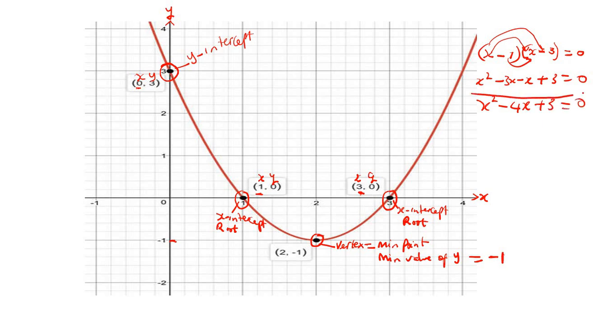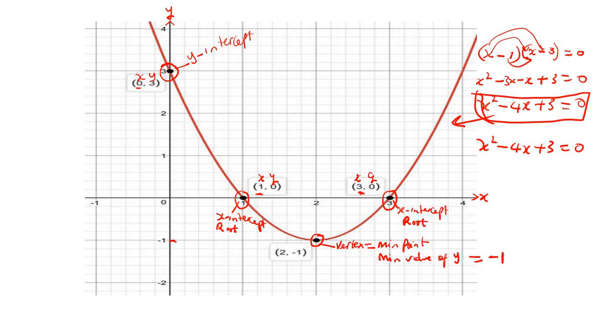So this is the quadratic equation that gave birth to this quadratic curve. So actually you can use the quadratic curve to get the quadratic equation if the quadratic equation is not given.